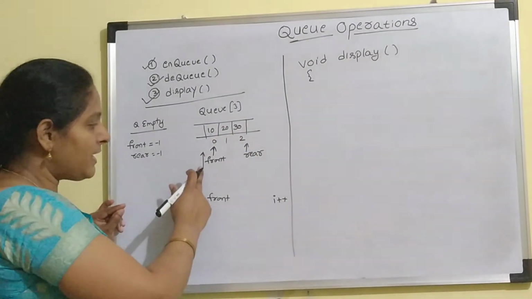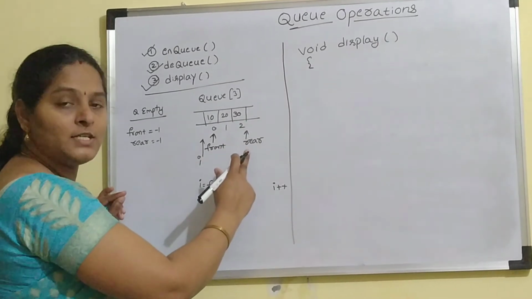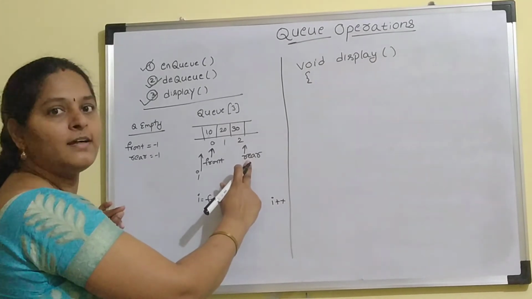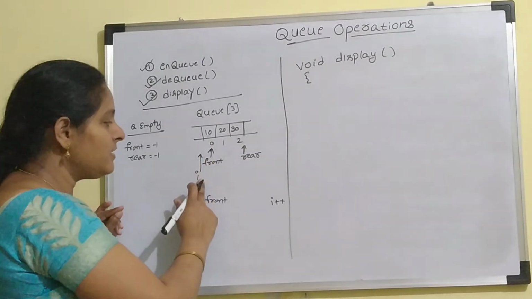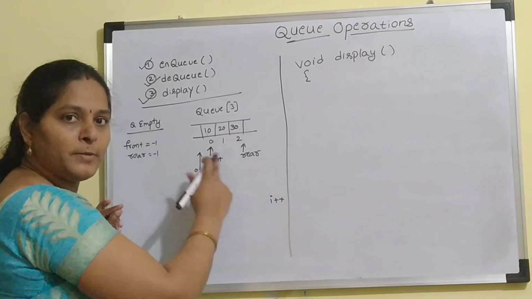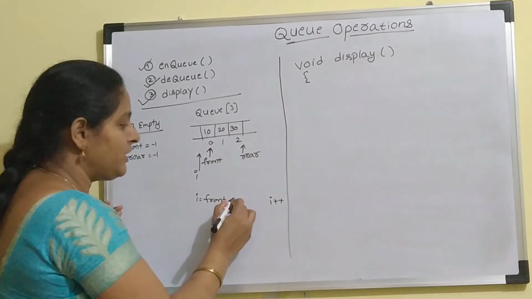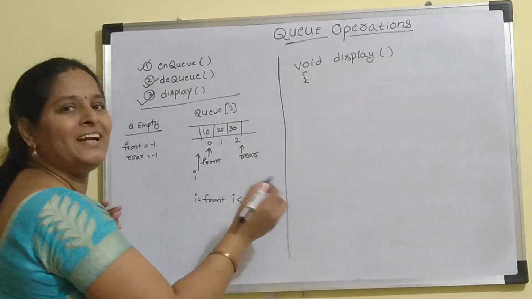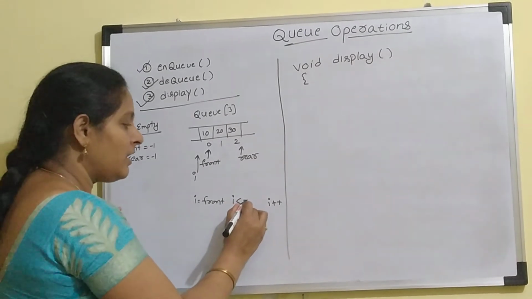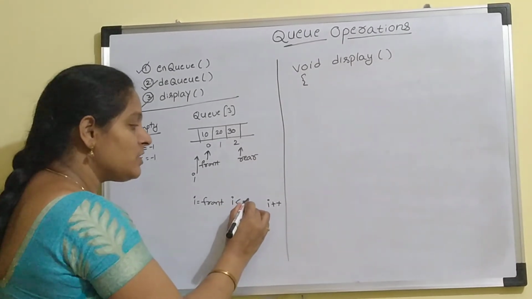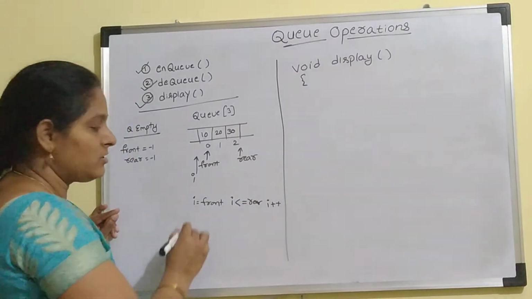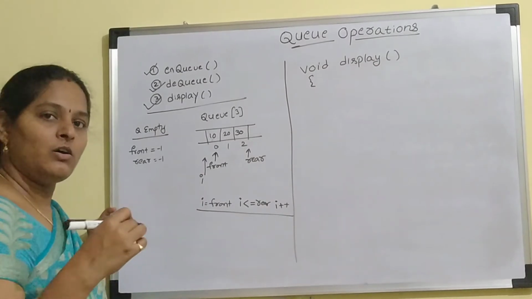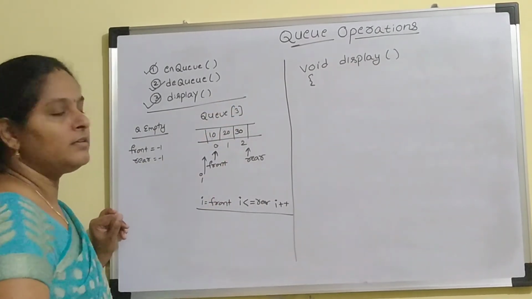So this i pointer should move to the next position till the end of the queue, and the end of the queue is represented by rear. So until i becomes rear, the i pointer should move. How to write that condition: i value less than or equal to rear value, print the i value. Like that, i should move till the rear position. So these are the 3 points we need to remember while printing all the elements of the queue. Let us see the code.